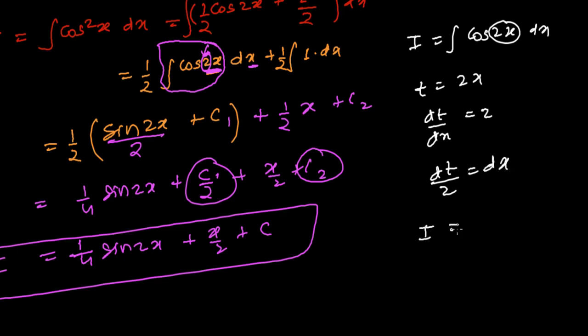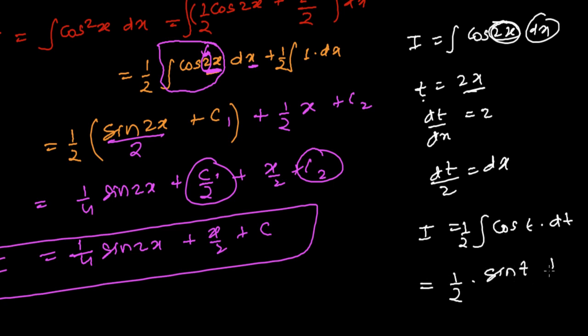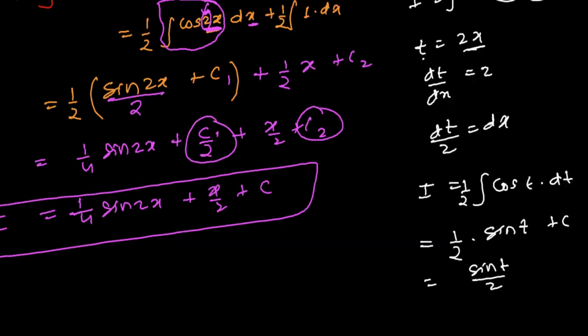Now my integral is converted to cosine of t dt by 2, and the 2 comes outside, so it's 1 by 2, and the integration of cos t is sin t plus some constant, so it's simply sin t by 2 plus constant.